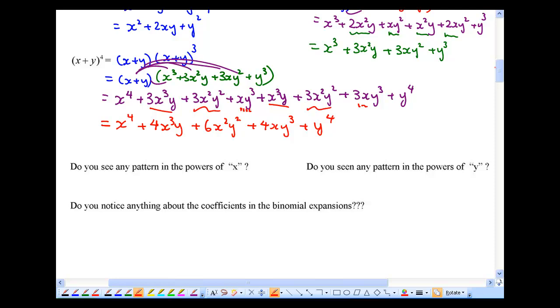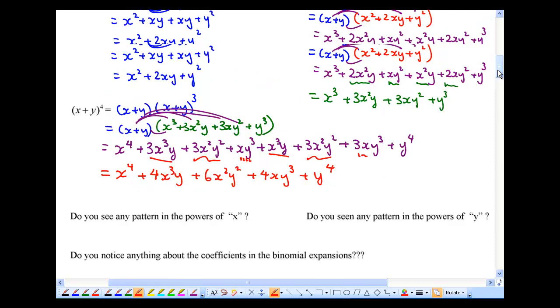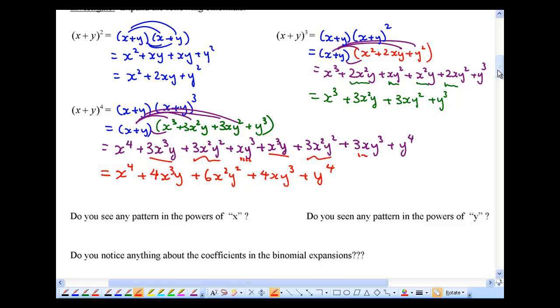So look at the 3 examples that we've just done. Do you see any pattern in the x's? Seems like the terms start at the highest power, right? See, look, x squared, then becomes x, then nothing. x cubed, then x squared, then x, then nothing. x to the 4, x cubed, x squared, x to the power 1, nothing.